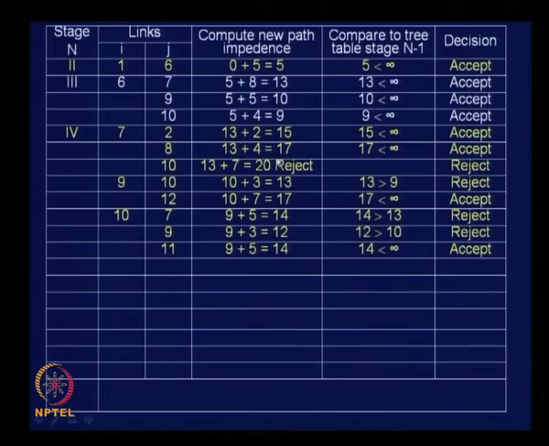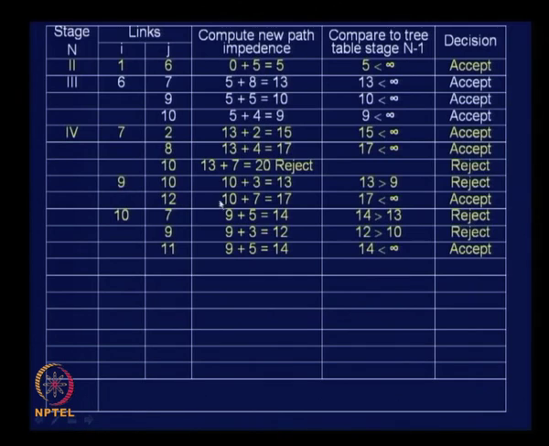Obviously it is more than the previously established value for this node, so we are rejecting. Clear? Then 9 to 10, 10 plus 3, 13 minutes, and it is greater than 9, so we are rejecting. Please remember, we are reaching node 10 within 9 minutes as per the earlier calculation. There is no need to accept this, we can reject.